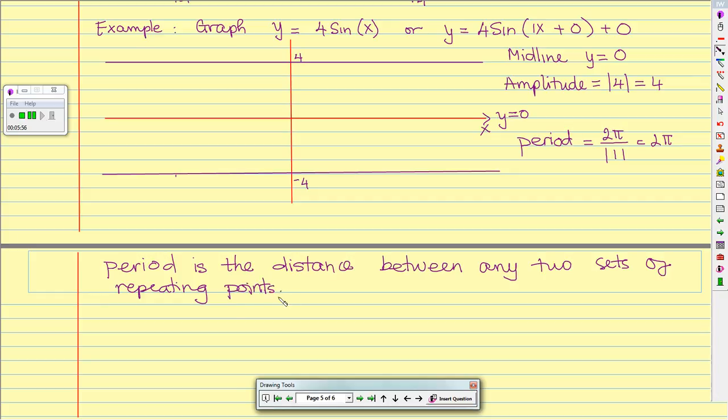So for the sine function, each set will have 5 points. So for every 5 points, that distance will be 2 pi.